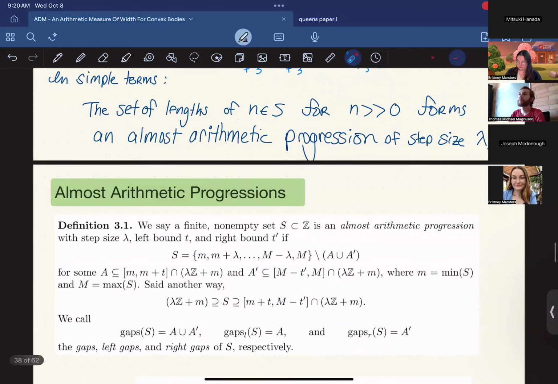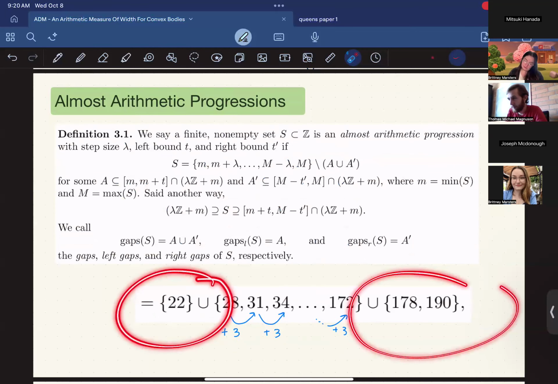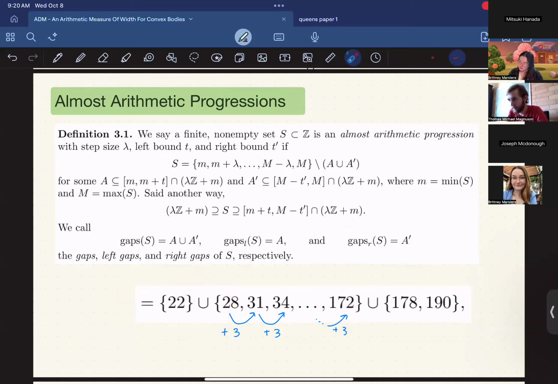Okay. And we call objects like this an almost arithmetic progression. And the way that I like to think about an almost arithmetic progression, it's like you take an honest to goodness arithmetic progression, and maybe near the extremes, you just sort of push out a couple of terms. Okay? So here, I'm missing 181, 184, and so on. But this part here is that honest to goodness arithmetic progression.